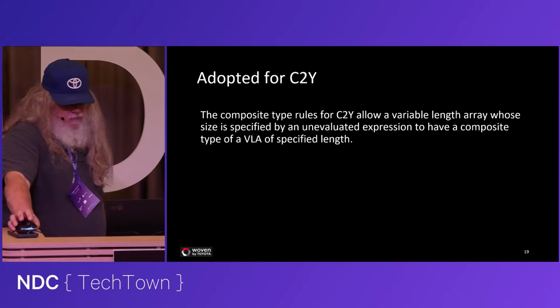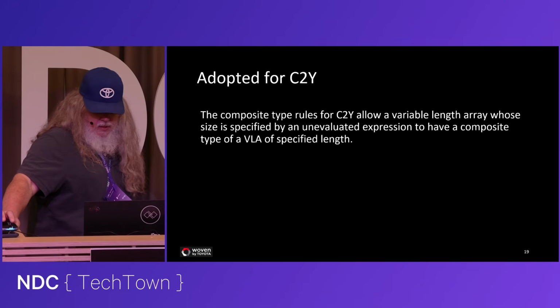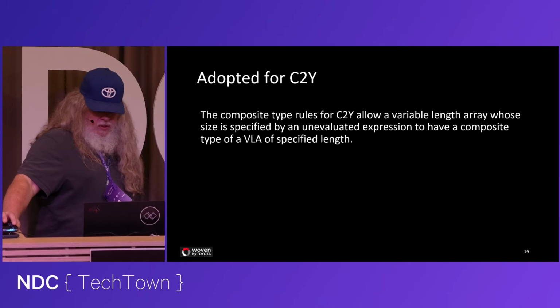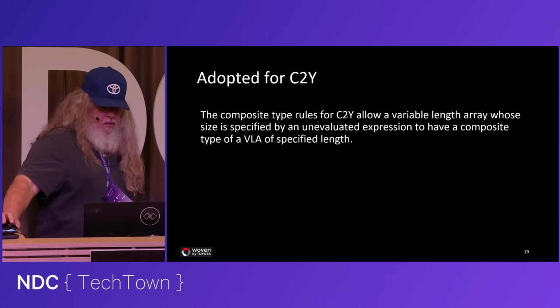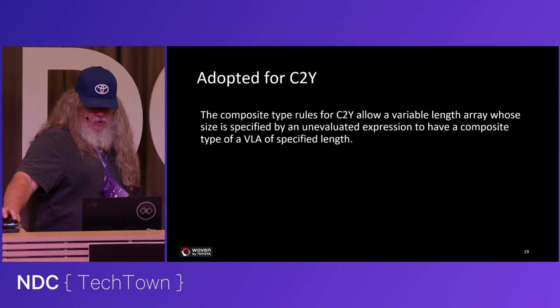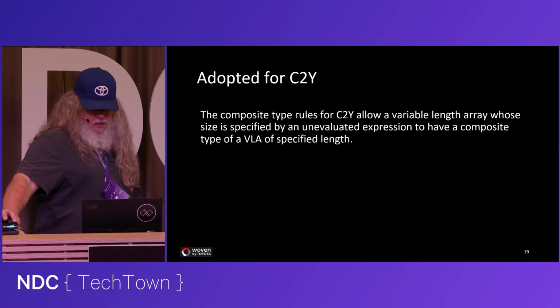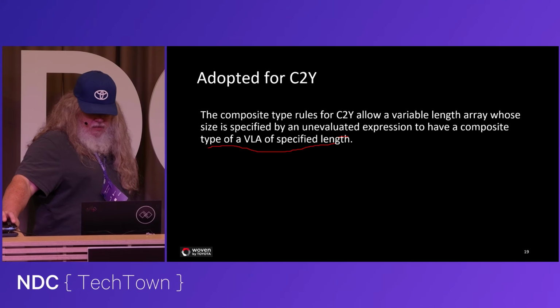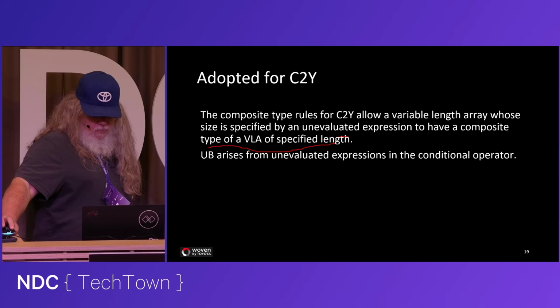So what we've done for C2Y is we've changed the composite type rules in a way that does alter the semantics of the language, to allow a variable length array whose size is specified by an unevaluated expression to have a composite type of a VLA of a specified length.